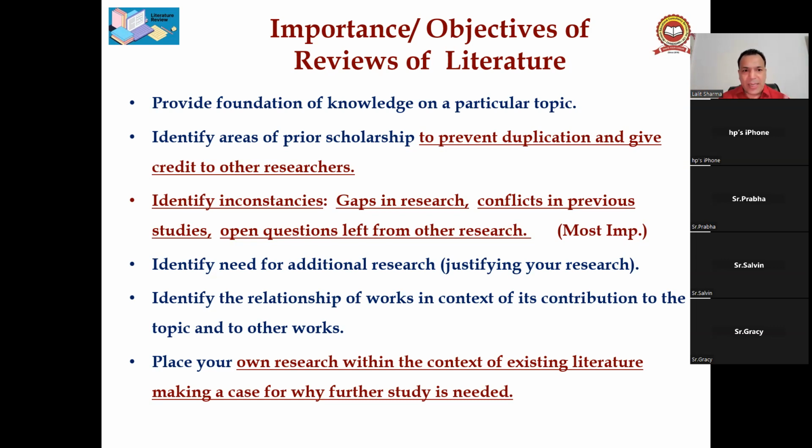Next is identify need for additional research. Now there might be a need for additional research. For example, today we want to check the intelligence level and personality of students. We cannot check them with research tools from 20 years back.